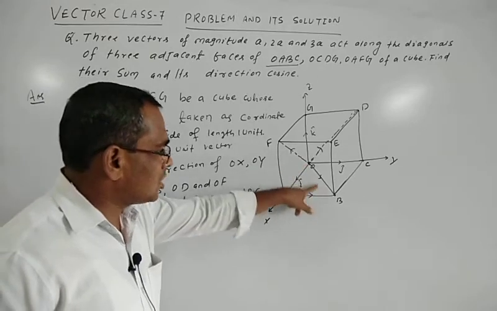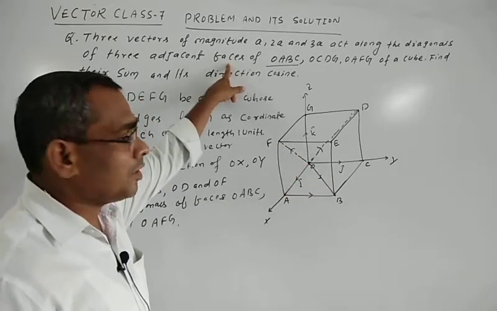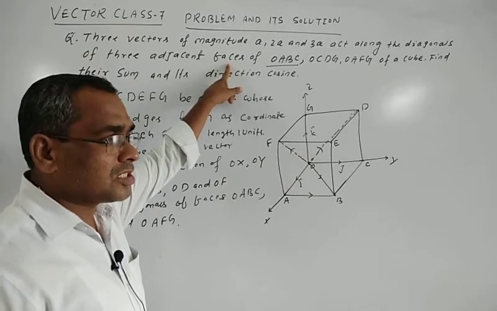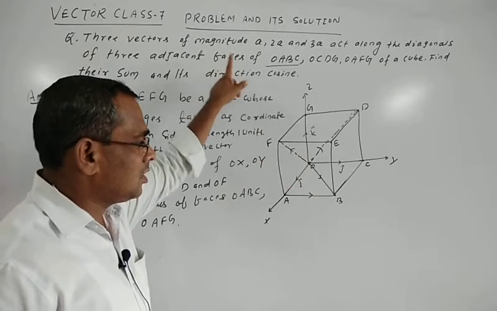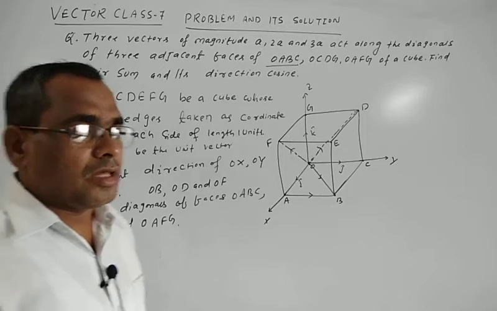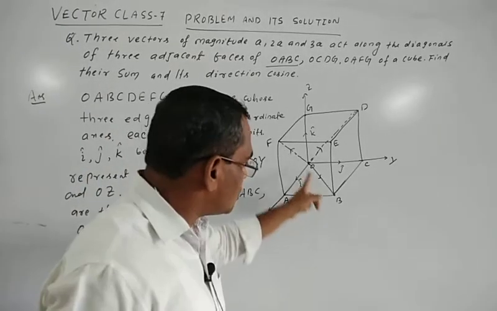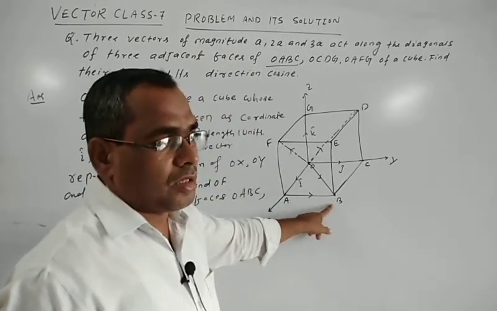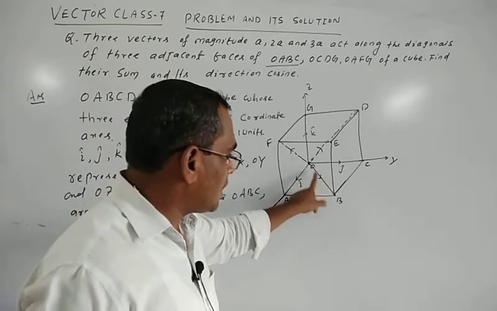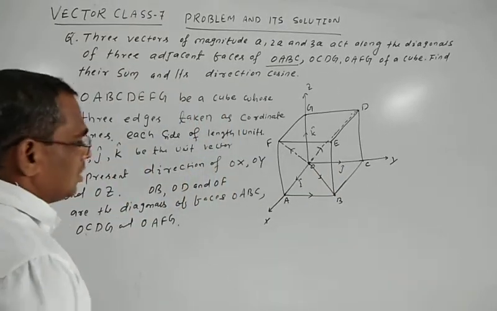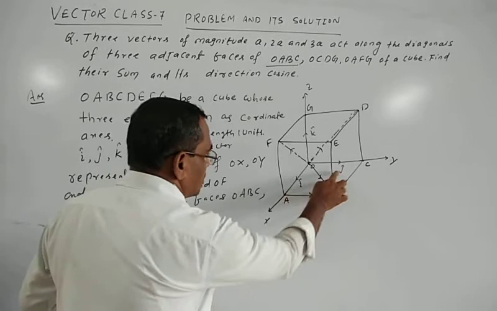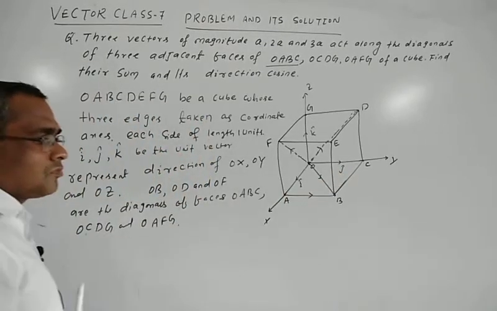But its magnitude is equal to a. Now to find it, first we have to find its direction. So the unit vector in the direction of the OB vector is clearly (i cap plus j cap) by root 2.